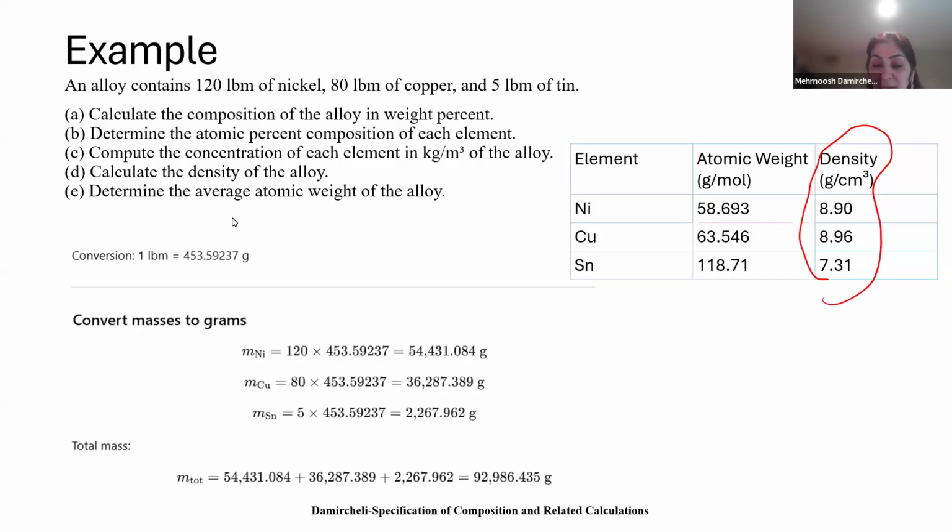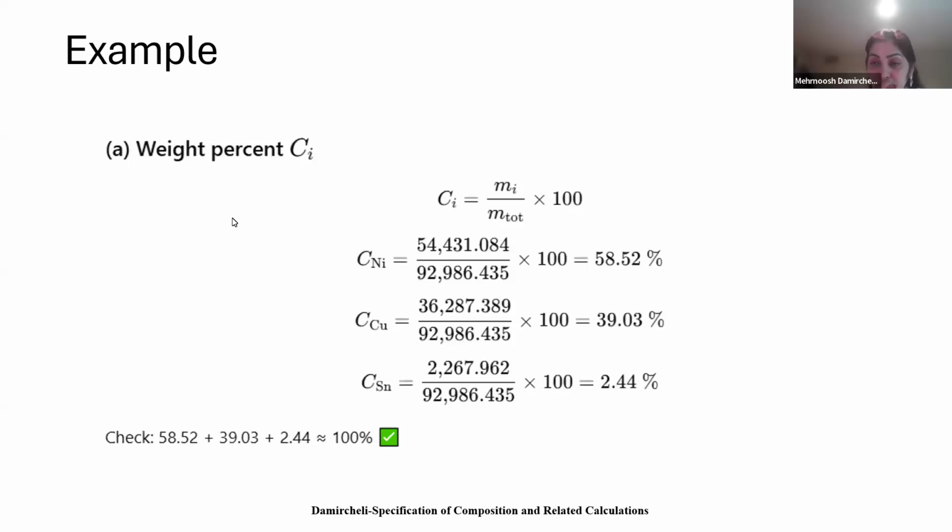What is the total mass? Total mass always, so M total, depends on how many components or elements we have. Here we have 3, so it should be M1 plus M2 plus M3. M1 is the mass of nickel, M2 the mass of copper, and M3 the mass of Sn or tin. So we find the total mass.